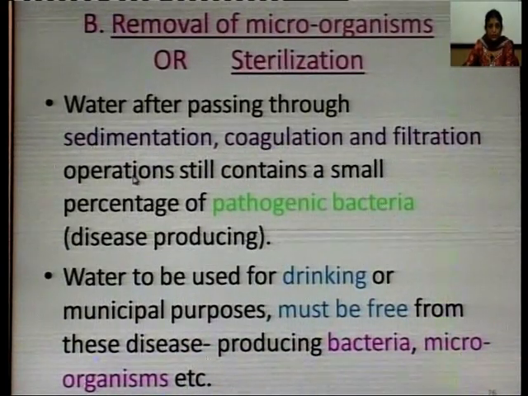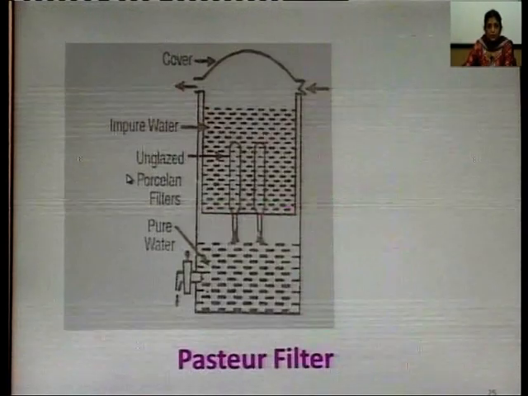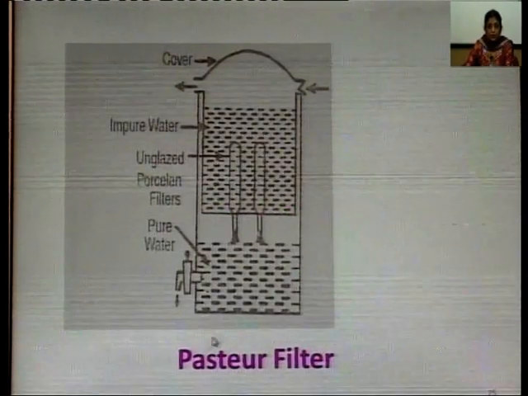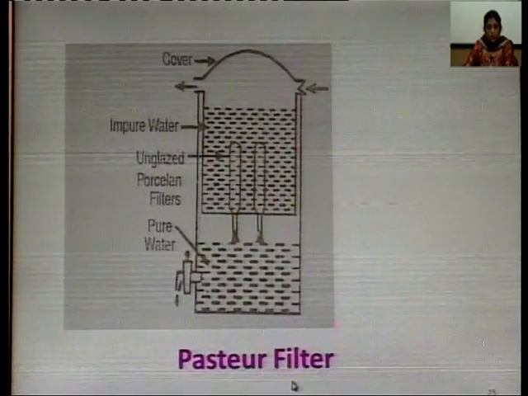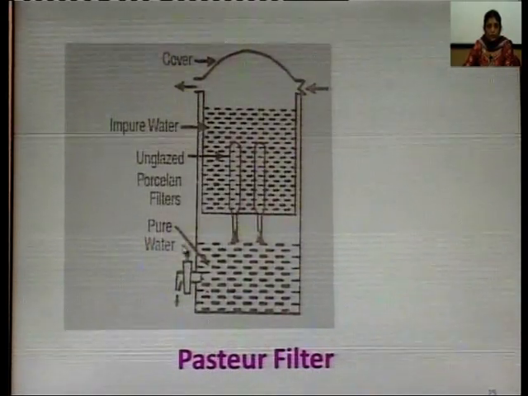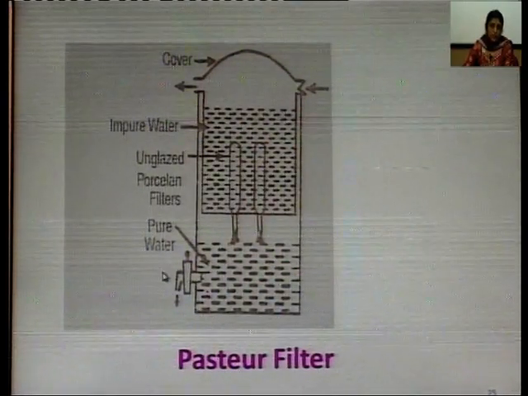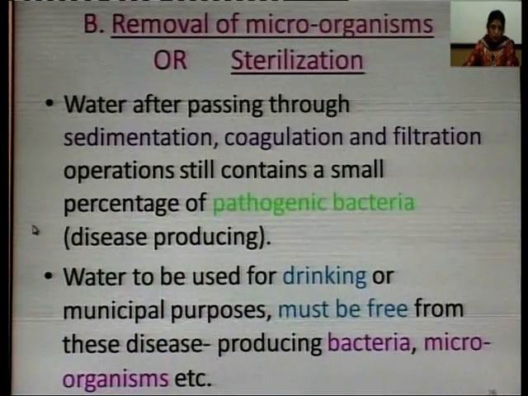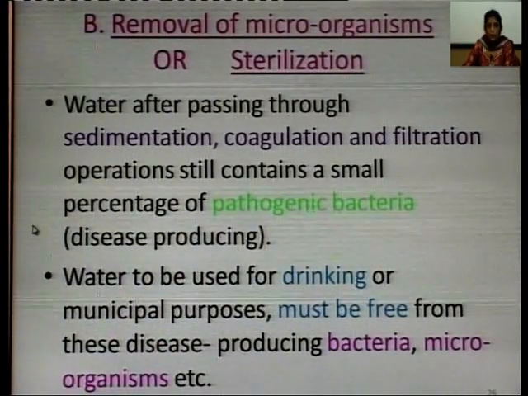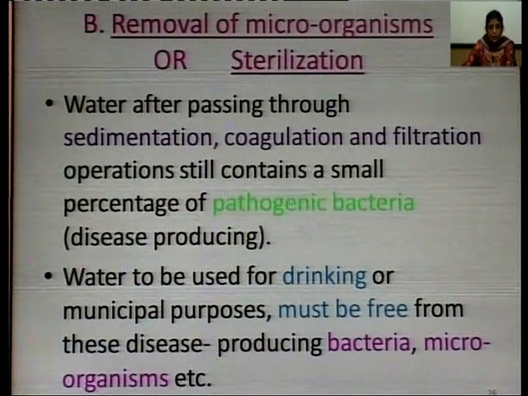So, this domestic filtration method, or we can say Pasteur filters, are used at homes. This method is useful for domestic filtration. So, this was all about the removal of suspended impurities.